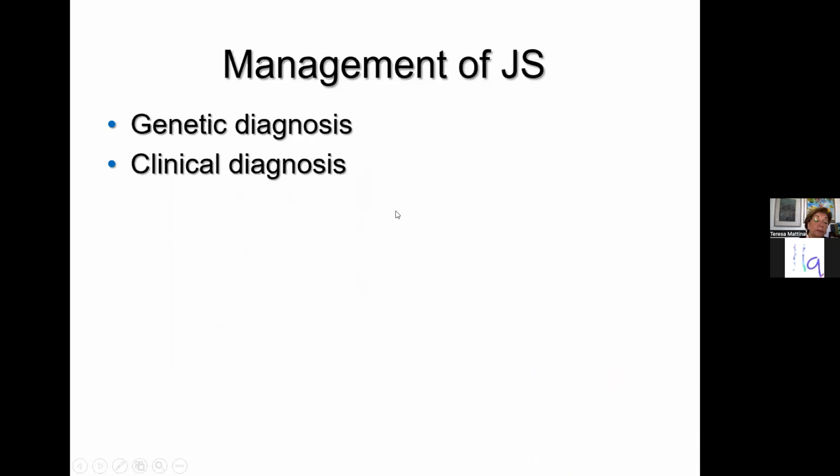To be able to manage a patient with Jacobsen syndrome, we need to have a full genetic diagnosis and a full clinical diagnosis. This is not always possible. Sometimes we must navigate on sight because we don't get a full genetic diagnosis or full clinical diagnosis.